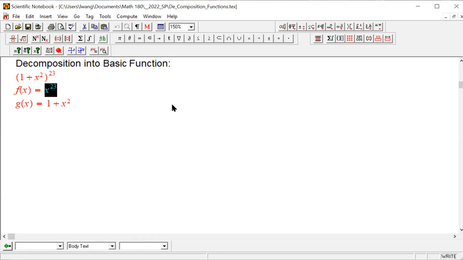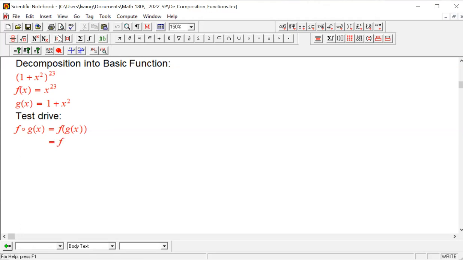Here we go. And you can test drive it, right? So we're going from outside in. When we test drive it, we test f composite g. What if it doesn't work? If it doesn't work, you try again.